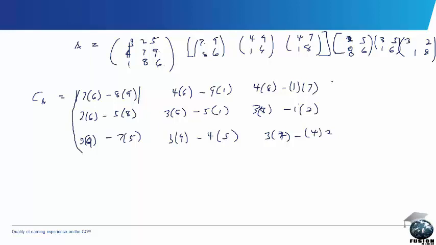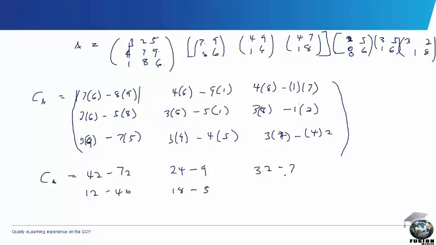Alright, these are computations I have to carry out. The cofactor of A is given as 7 times 6, which is 42, minus 8 times 9, which is 72. And this is 4 times 6, which is 24, minus 9. This is 32 minus 7, and this is 12 minus 40, and this is 18 minus 5, and this is 24 minus 2.